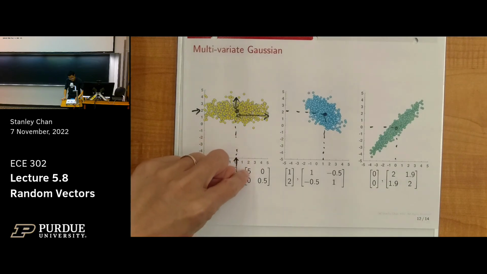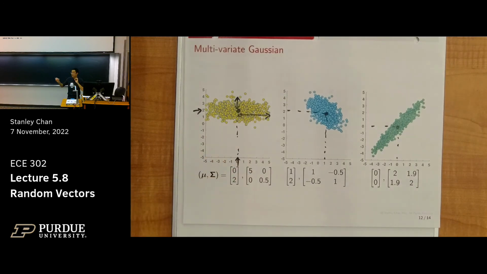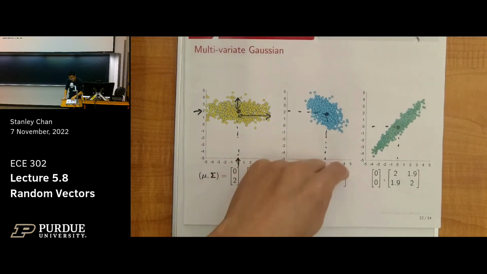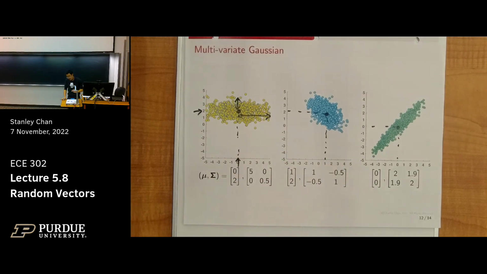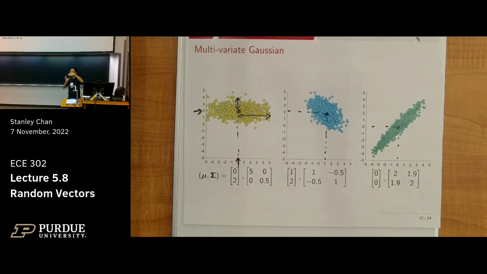And then now the two diagonal elements will tell you the length of the major axis and the minor axis. How about the off diagonals? The off diagonals are going to tell you the orientation. Whether you are rotating 45 degrees, 35 degrees, or 90 degrees, or something like that.